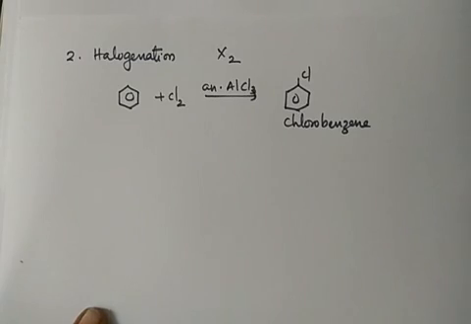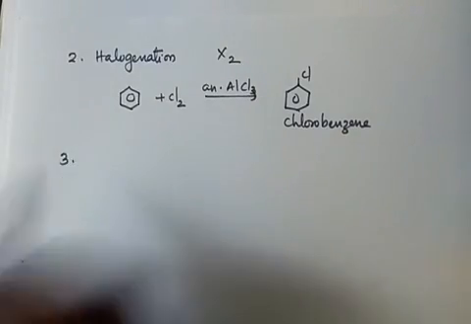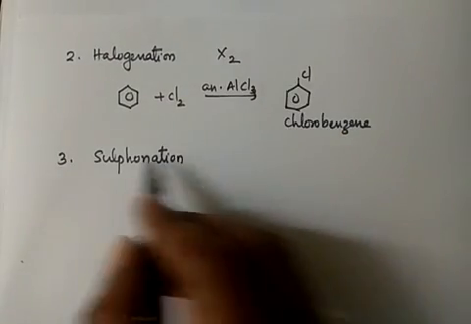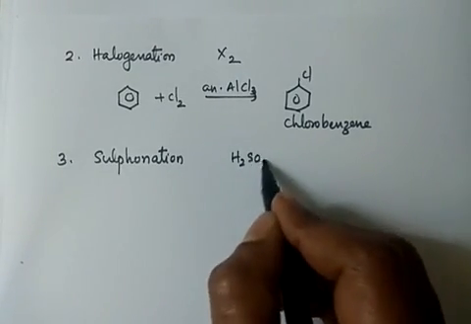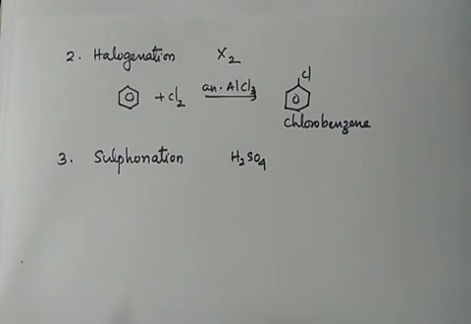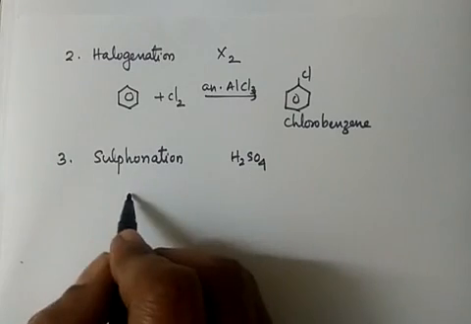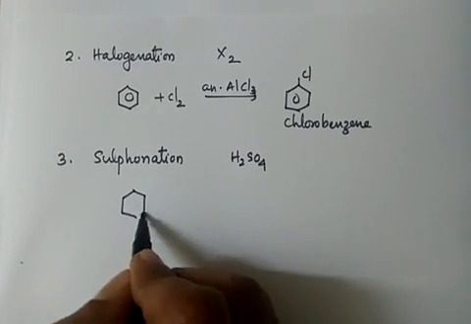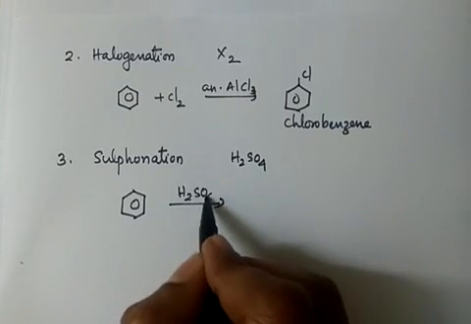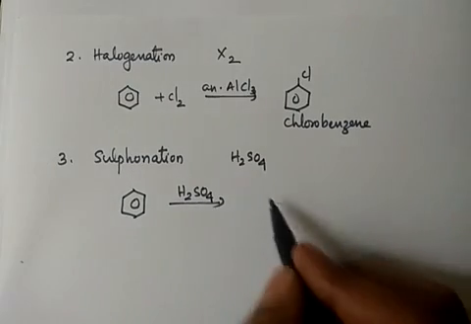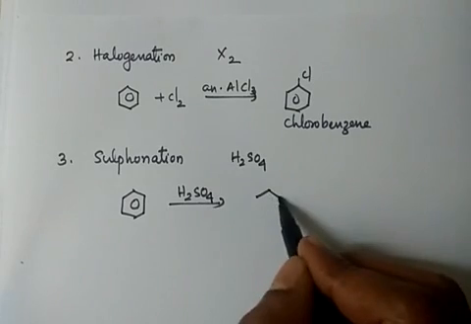Then the third method is sulfonation. Sulfonation means reaction with fuming sulfuric acid, H2SO4. So benzene on treating with fuming sulfuric acid, H2SO4, forms benzene sulfonic acid.